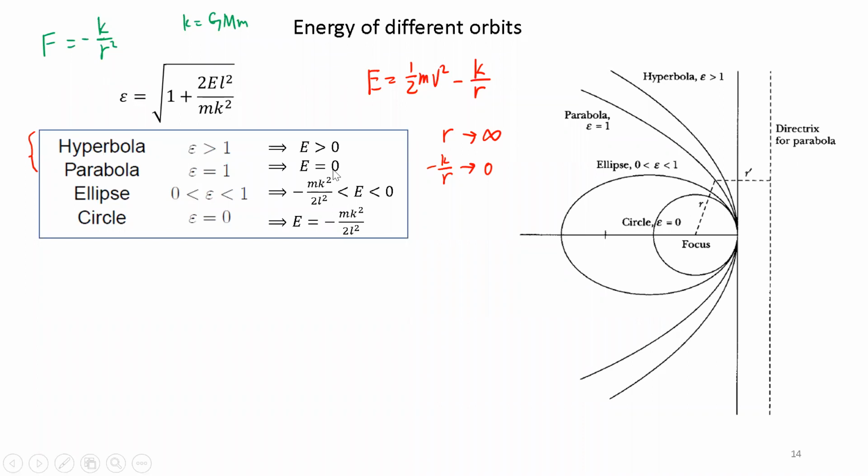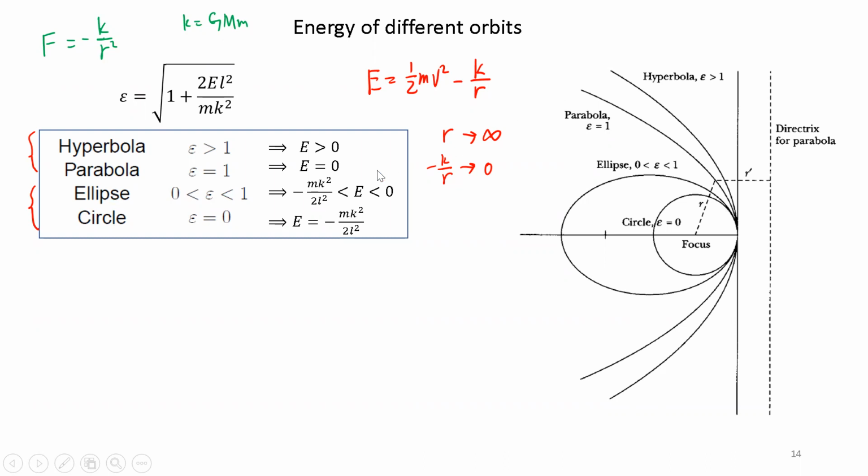However, if you go down to the two other cases below, where E is negative, then it is impossible for the particle to get to infinity. Because if that were possible, the kinetic energy would have to be negative, and that's not physical.